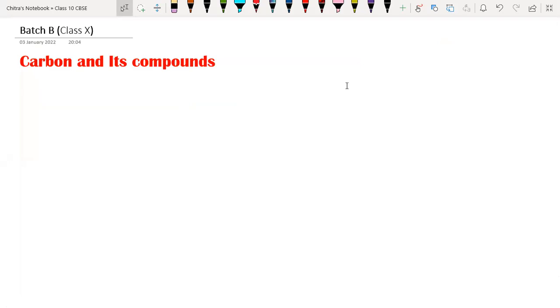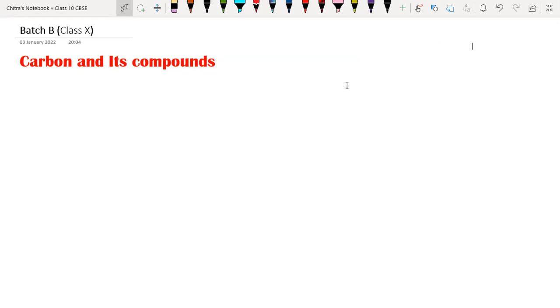As we know, carbon is a very important element because from when we wake up from bed till we go to bed, most of the things that we use are made up of carbon only. The food we eat, the clothes we wear, and the shelter we reside in, most of them are made up of carbon and its compounds only.